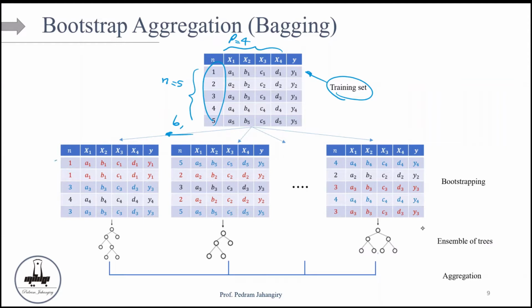Observation number 1 shows up multiple times, number 3 multiple times, and number 4 once, right? So this is a subset of our training set, and the reason that we see multiple of these is because bootstrap in general is sampling from the data set with replacement, right? So I can have multiple observation number 1, multiple observation number 3, etc.